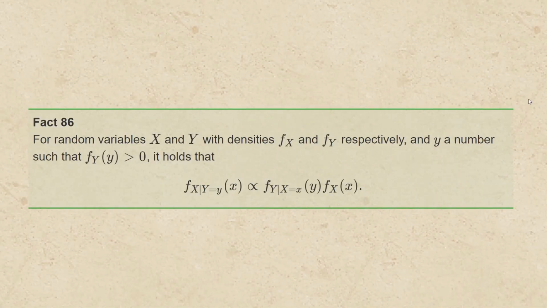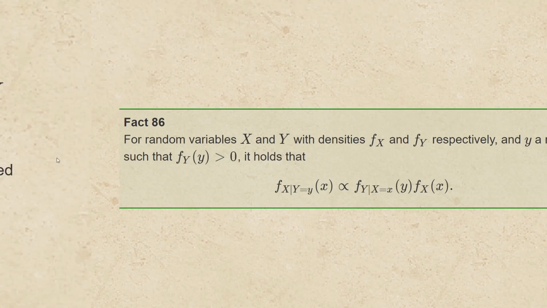For random variables x and y with densities f sub x and f sub y respectively, and little y a number such that the density of big Y at little y is greater than 0, it holds that the density of x conditioned on big Y equaling little y at x is proportional to the density of y given big X equals little x at y times the prior density of big X at little x.